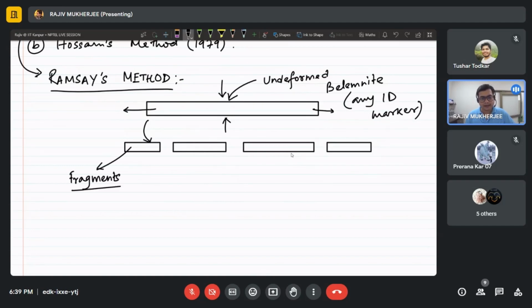And this is the gap space in between the fragments, right? So there are fragment lengths as well as gap length.